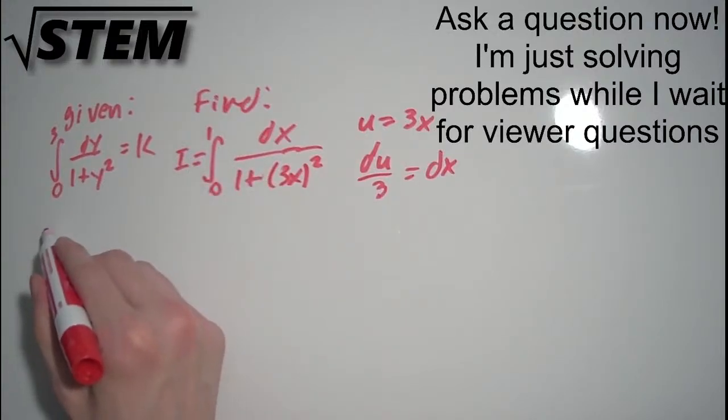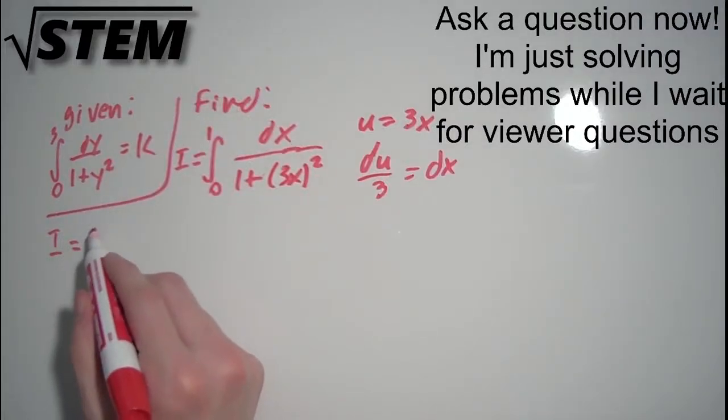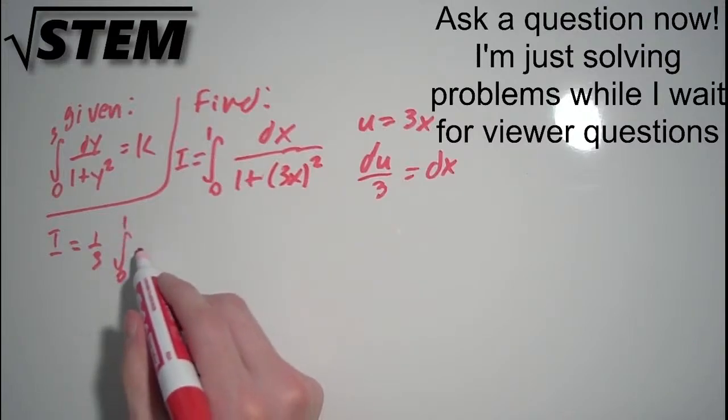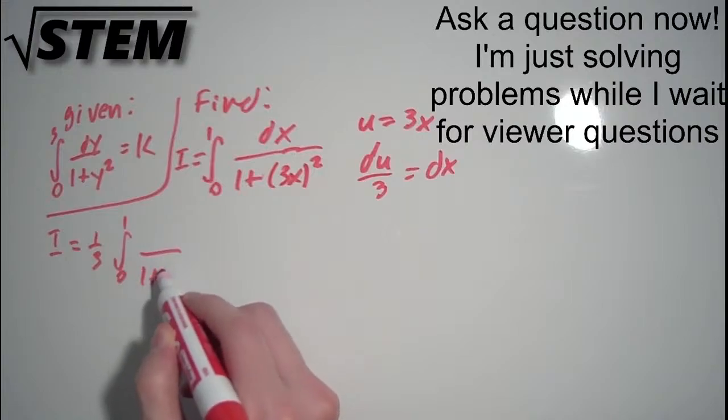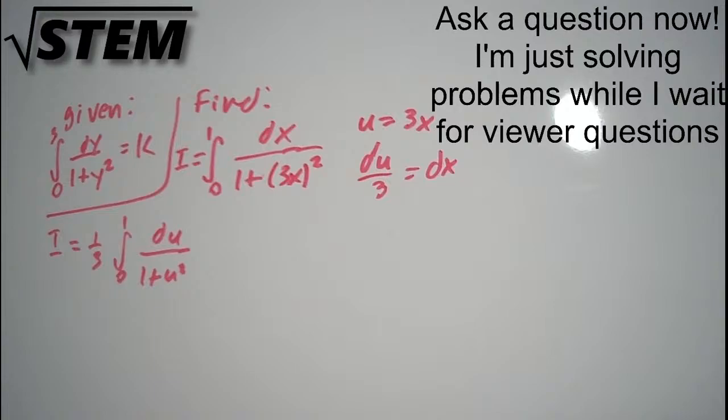So if that's I, I is going to equal 1/3 the integral from 0 to 1 of 1 over 1 plus u squared du. Now we are supposed to find I in terms of k. So we could say this is tangent inverse of 1 minus tangent inverse of 0. We want it to be in terms of k. So let's think about how we can incorporate that.